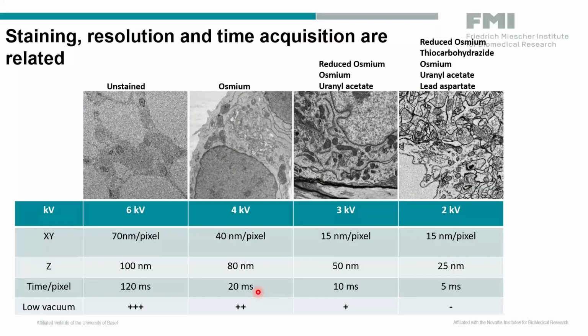Now, I would like to show you how the staining can influence the different parameters of the acquisition. When you have no stain, it's almost impossible to image at very high resolution. You have to compromise the cutting, but also the resolution in X and Y, and it requires very long dwell time.